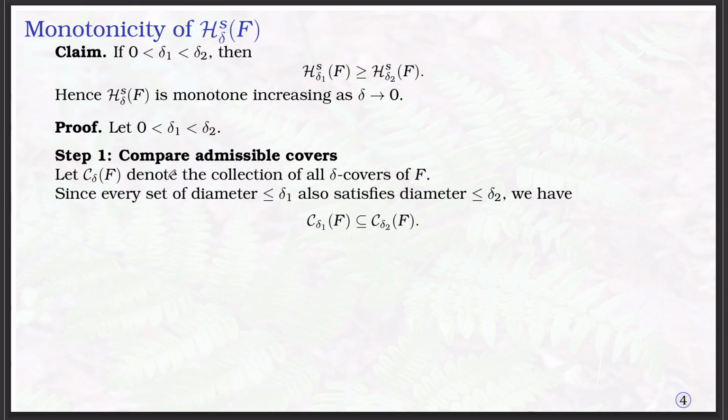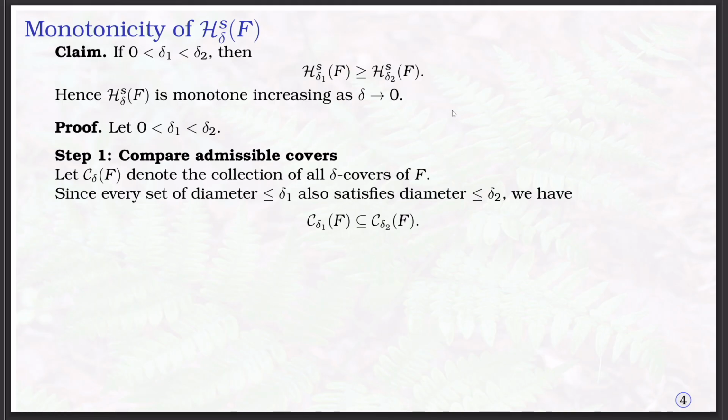Compare the admissible covers. Let C delta of F denote the collection of all possible delta covers of F. Every set of diameter less than delta 1 also satisfies the diameter bound delta 2.